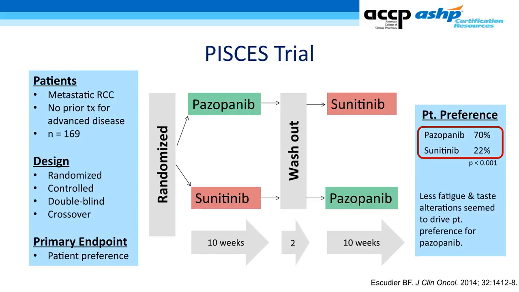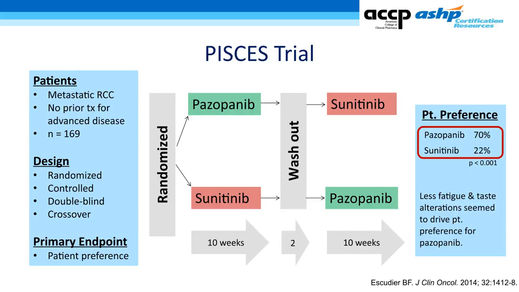We move from COMPARZ to PISCES, which was a smaller study, 170 patients, randomized to either pazopanib or sunitinib for 10 weeks with standard dosing, then a two-week washout, and then crossed over to the alternative TKI with the primary endpoint of patient preference. And 70% of the patients preferred pazopanib, compared to just 22% preferring sunitinib.